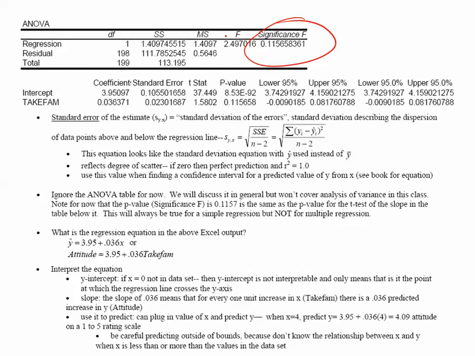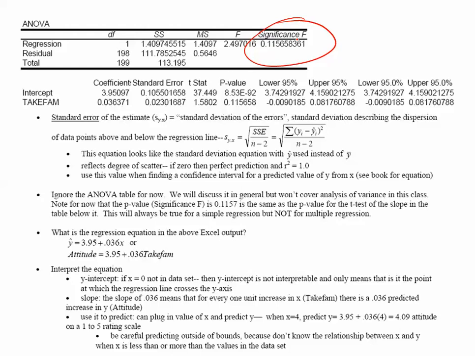So what we can say here is that the independent variable has a significant predictive ability because the significance F value is less than alpha. The probability of this model happening from random chance is less than our alpha. Well, I got to take that back. It's not less than our alpha, so we would actually say that the predictive ability is not statistically significant. We'll see as we add other variables in the next section that it will become statistically significant.